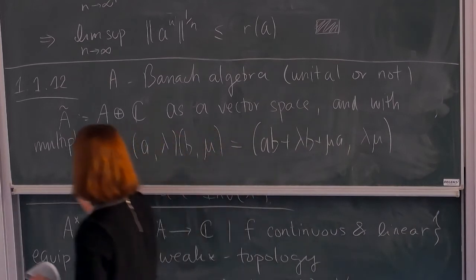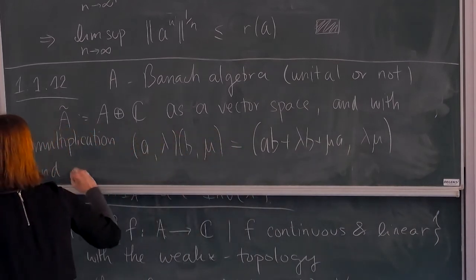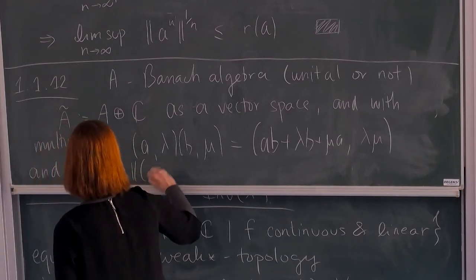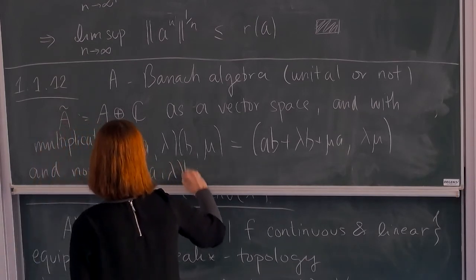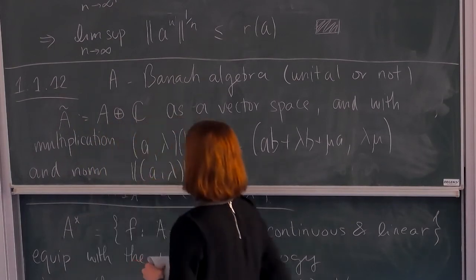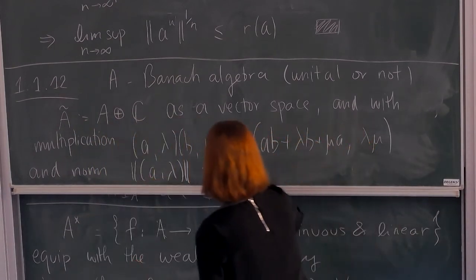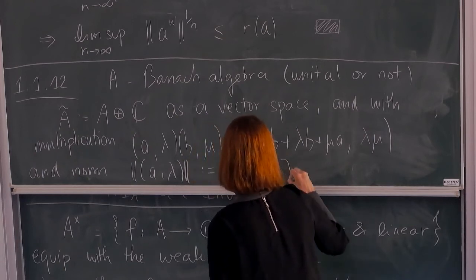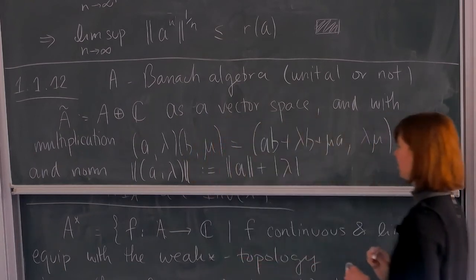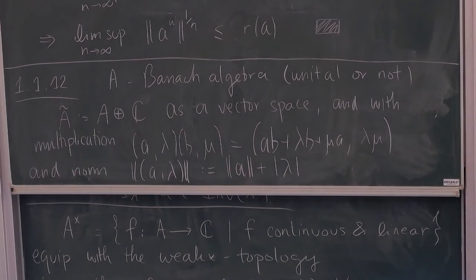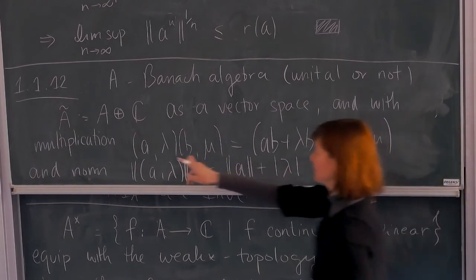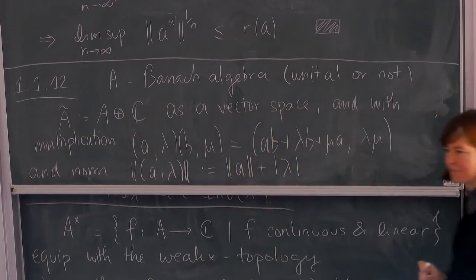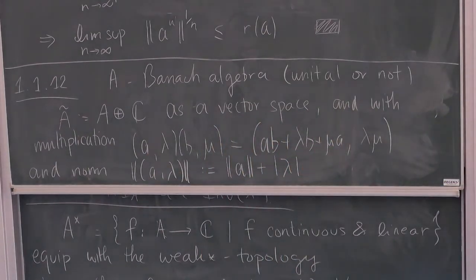And we can also define a norm, make it into a Banach algebra, by setting the norm of (a, lambda) to just be the norm of a plus the absolute value of lambda. Okay, so you can see that A fits in here nicely as (a, 0), and we get the same norm. So it preserves the norm under this.